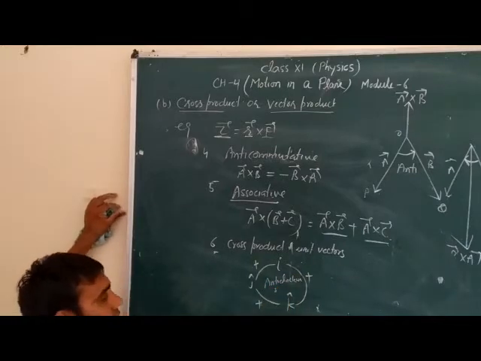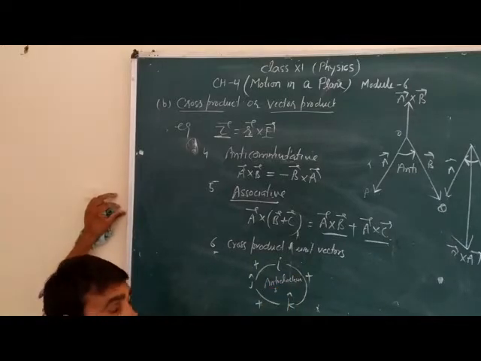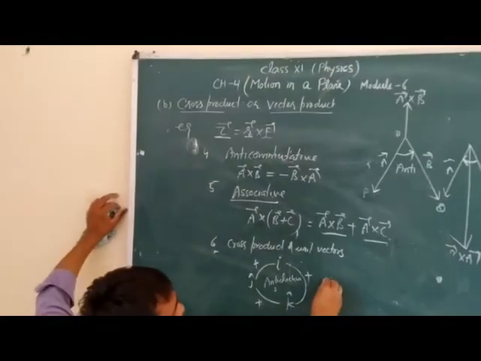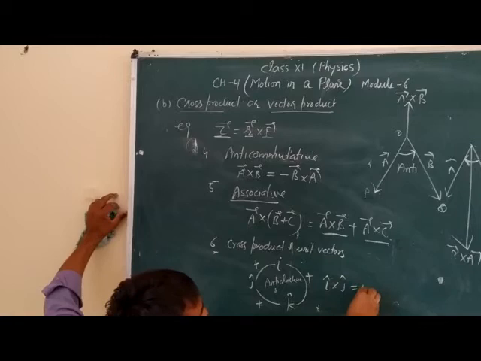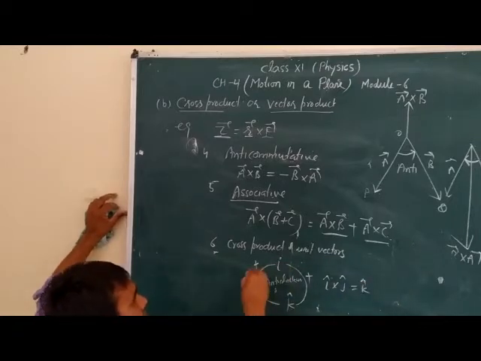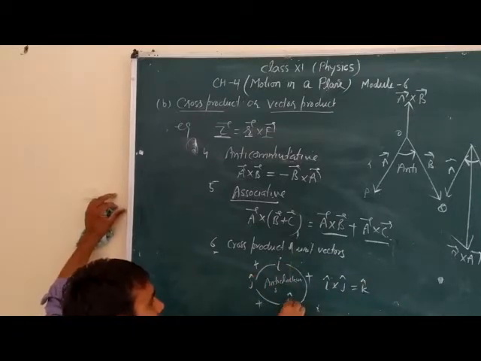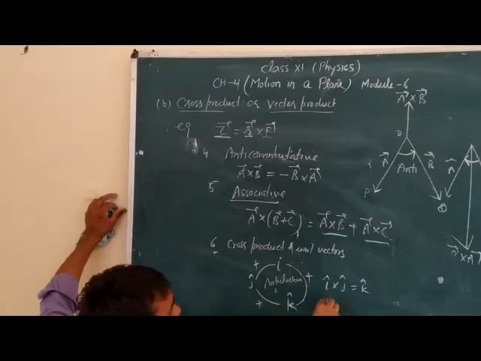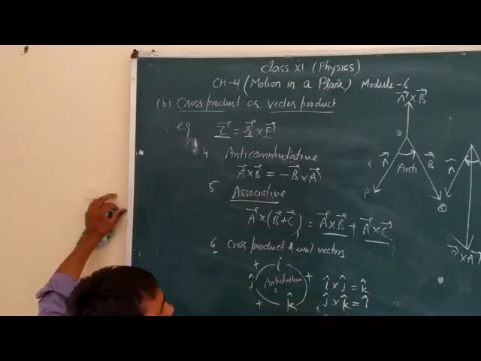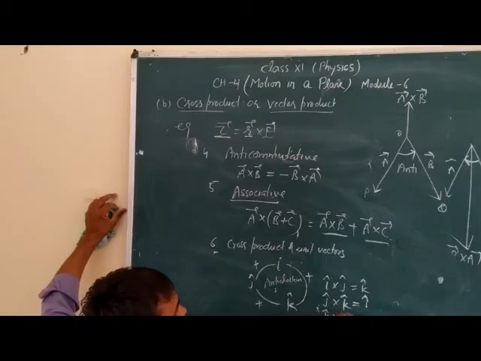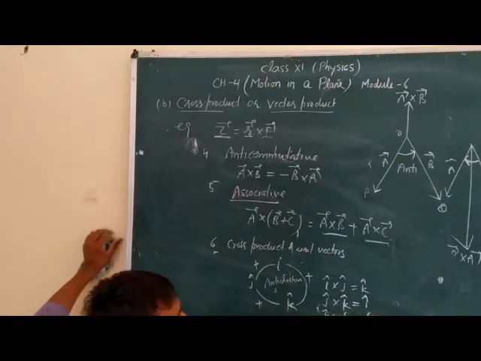Therefore, we can use a trick to remember: I cross J is equal to K. J cross K is the remaining vector, I. Then K cross I is the remaining vector, J.